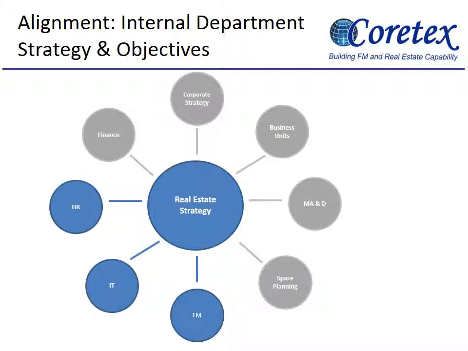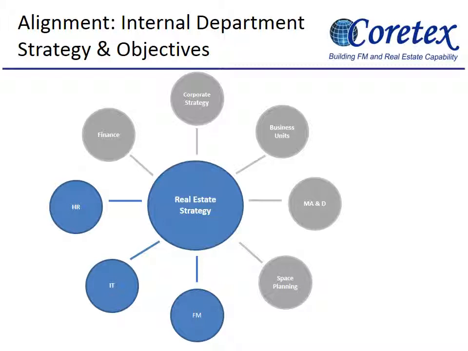Now, alignment with FM, HR and IT. So that's why I put these three functions in blue. They're very likely to be separate departments, although FM, we might call part of your property team, but FM, HR and IT, or property, HR and IT, working closely together, is the ideal trilogy for getting things done in real estate.